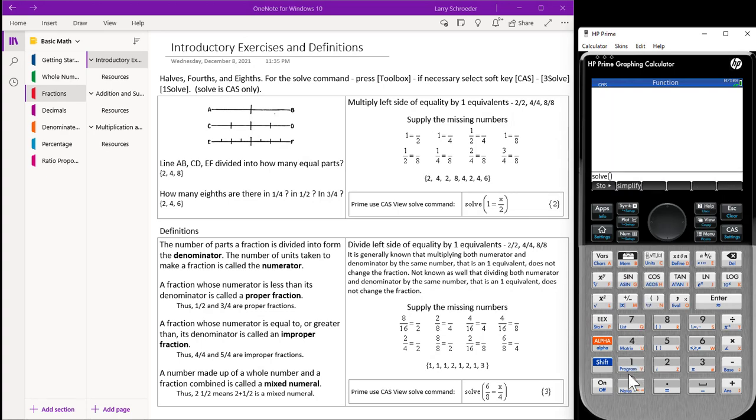Then we say 1, we need the equal, x over 2, so we can use divide. For x, we can use our x, t, theta, n. Then we hit divide, 2, press enter, and we get the answer to be 2.